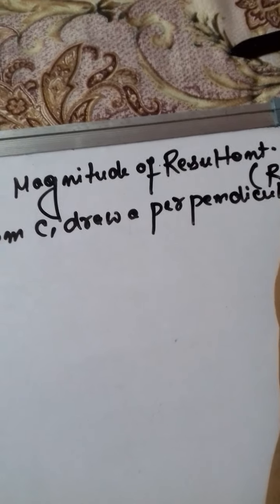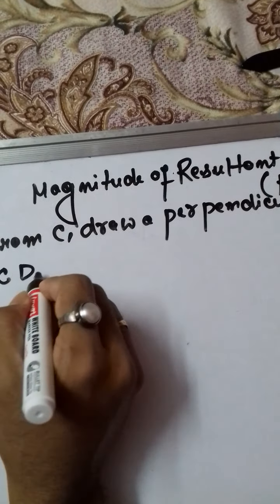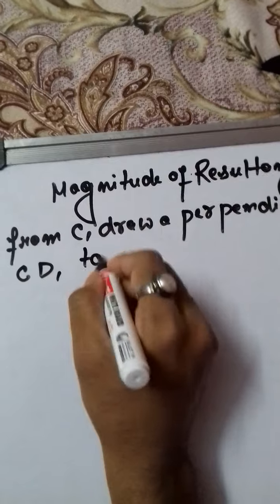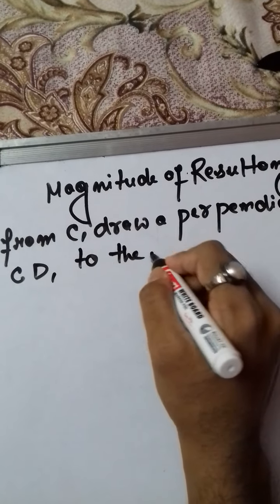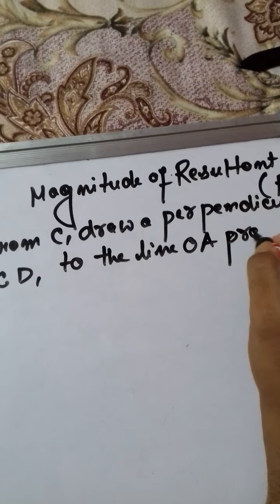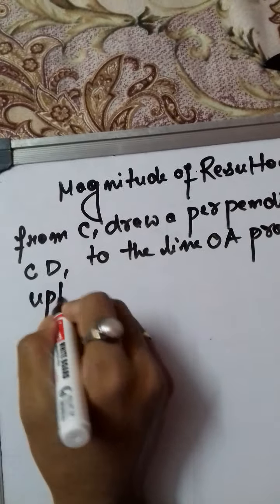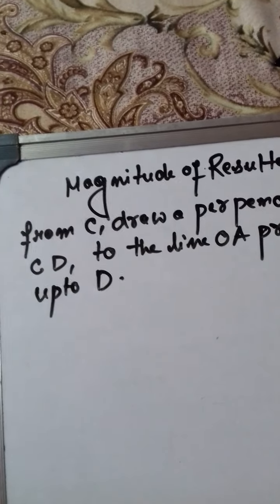Draw a perpendicular CD to the line OA, which is produced up to D. Produced up to D. Right.